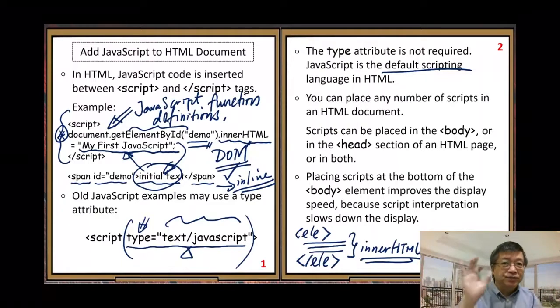All right. Although this fact is true, if you look at more and more JavaScript examples, you will see most programmers like to put the JavaScript code at an earlier part.